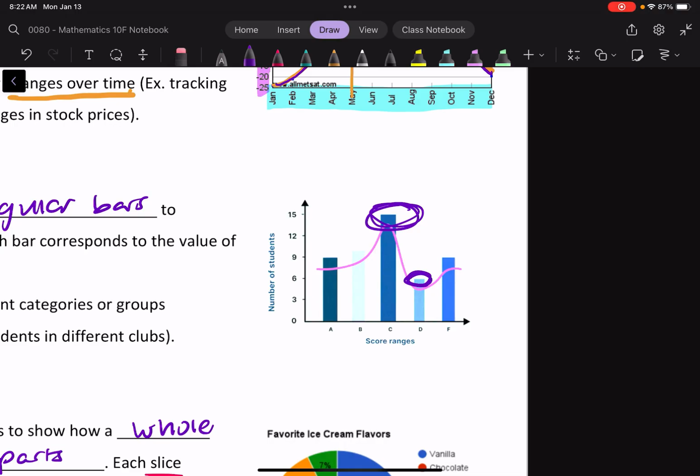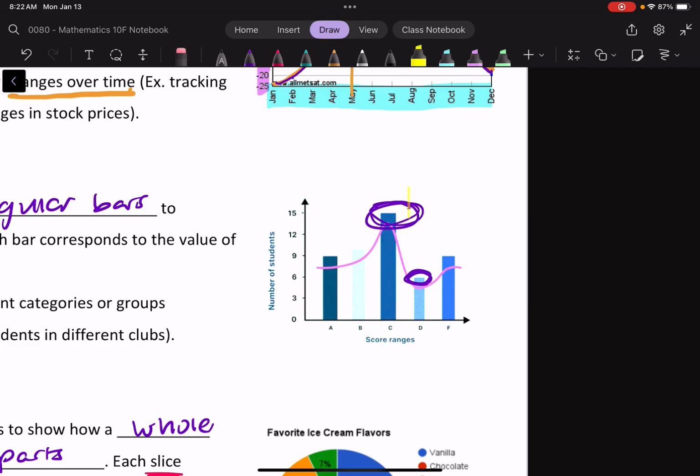Now, I'm not making predictions about certain numbers, but in this case, I know the most amount of people scored a C and the least amount of people scored a D. If this same class wrote another assessment, so maybe this was their results of their first quiz, and I wanted to predict how they were going to do on a second quiz, I might also predict to have the results be somewhat similar. I might still predict that the most amount of students are going to score a C and the least amount of students are going to score a D, right? So I can make predictions about future assessments.